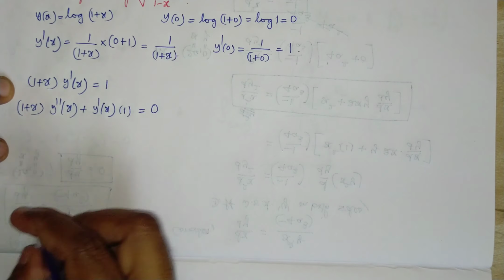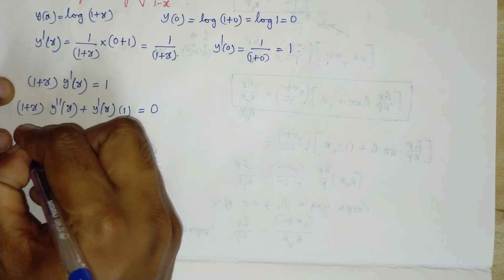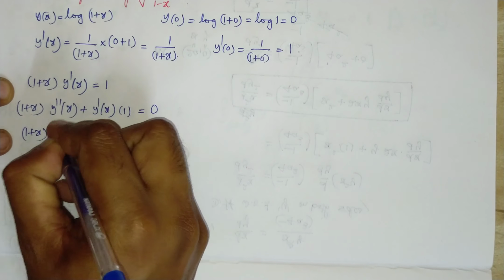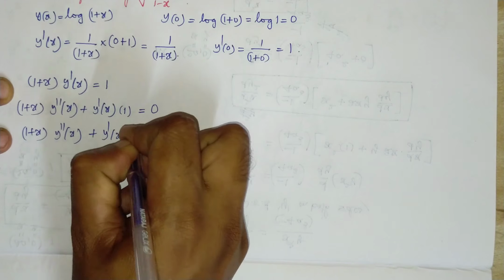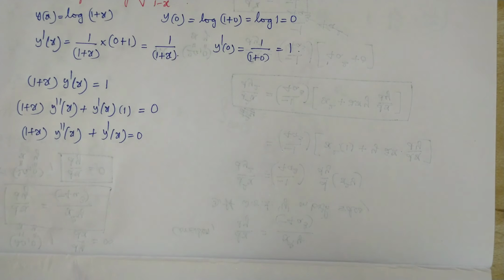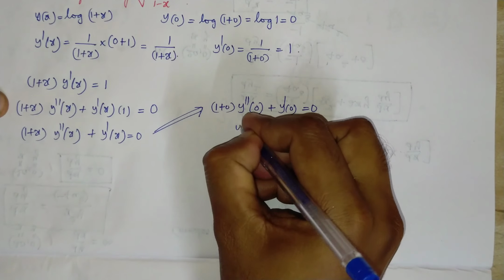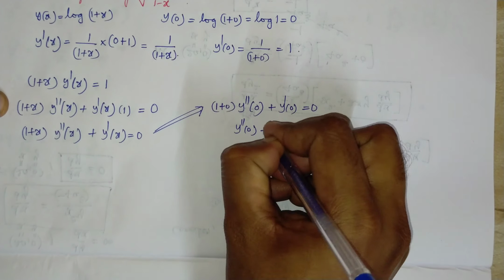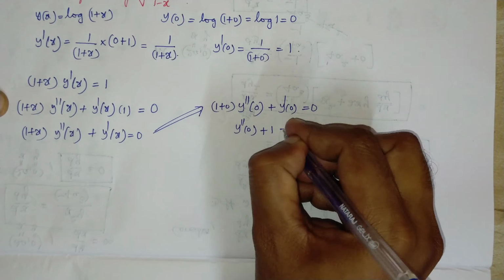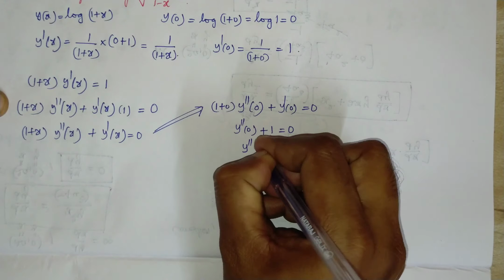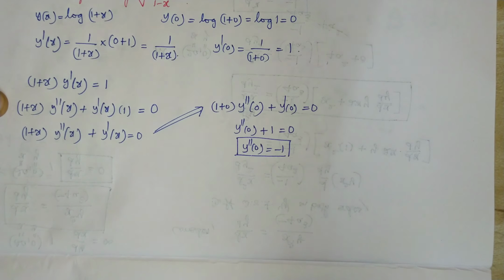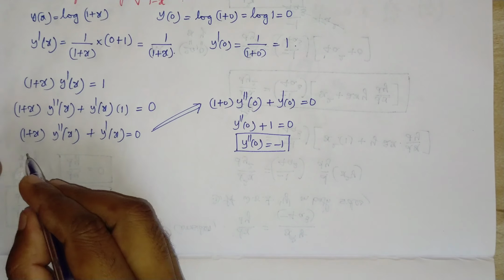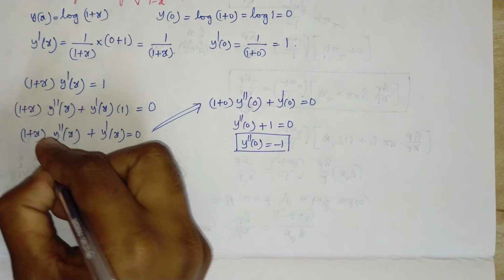So we have 1 plus x into y double dash of x plus y dash of x equal to 0. Now substitute x equal to 0. So we have y double dash of 0 plus y dash of 0, which is 1, equal to 0. We can say that y double dash of 0 is minus 1. Now again differentiate this with respect to x. See what happens. We have to apply the product rule here.